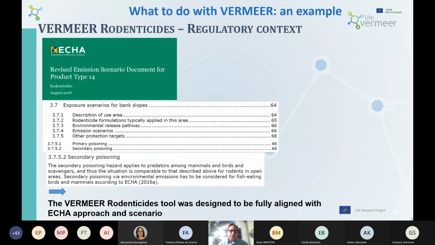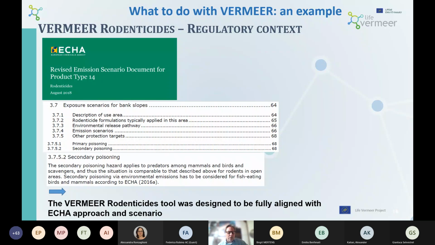And in this case, the main issue was the secondary poisoning. So what is the risk of contamination to fish and aquatic mammals, for example? So the VERMEER rodenticide tool was designed to be fully aligned with this ECHA scenario and approach.